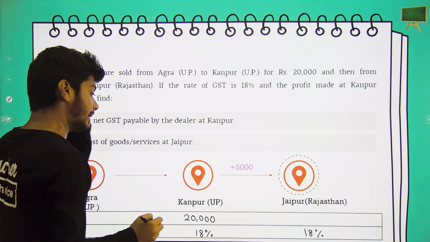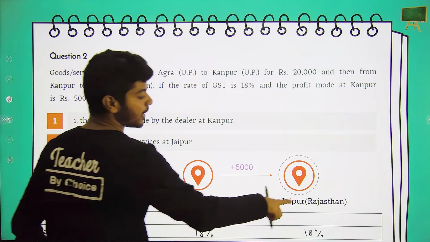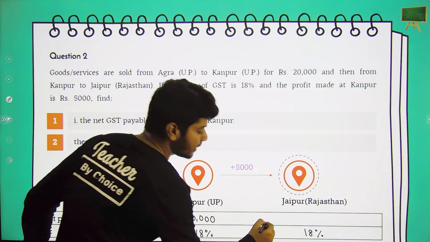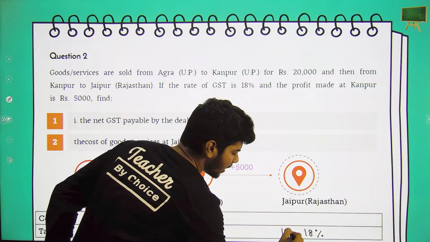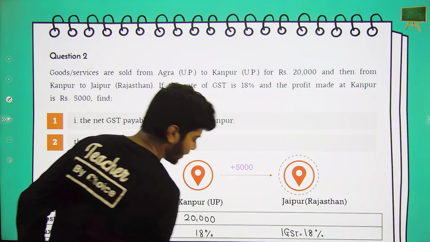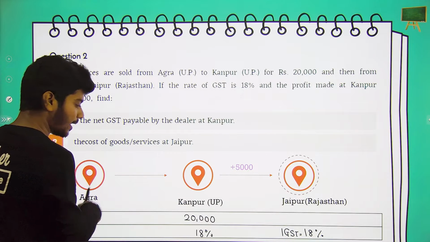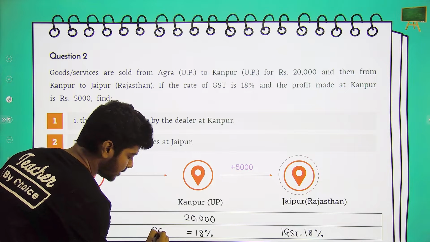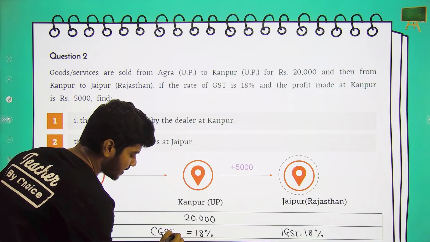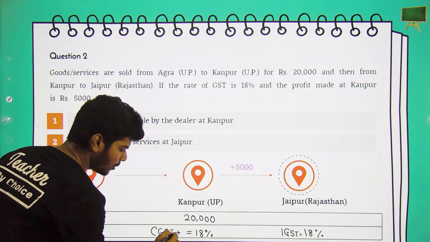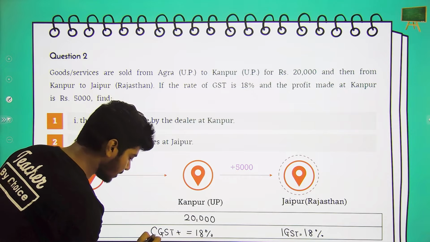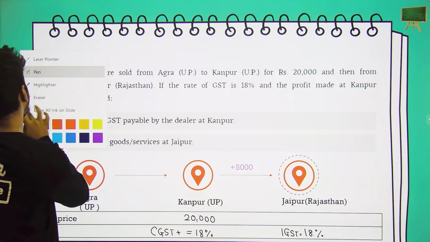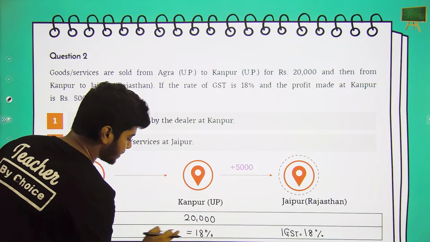But in Kanpur to Jaipur, we will calculate IGST, whereas in case of Agra to Kanpur, we will calculate CGST plus SGST.